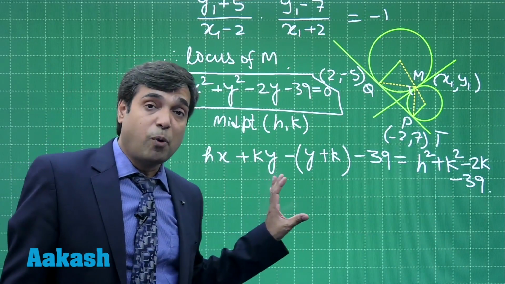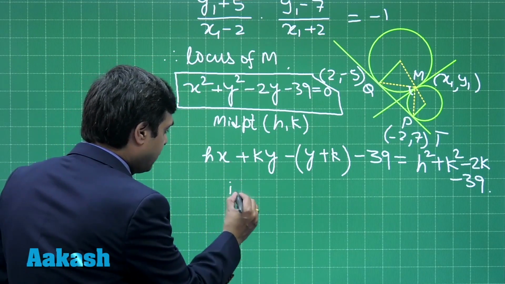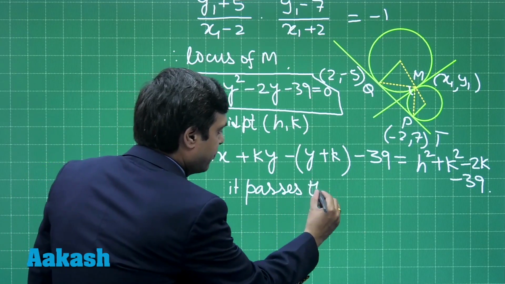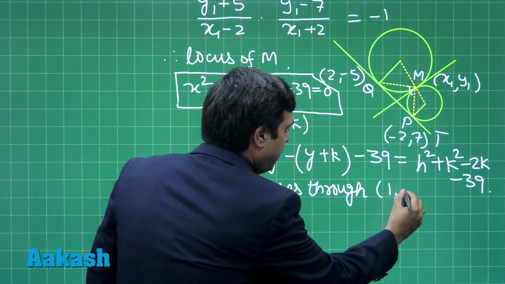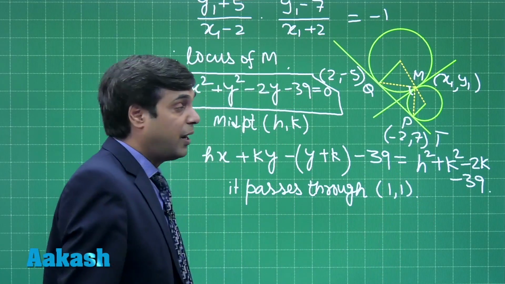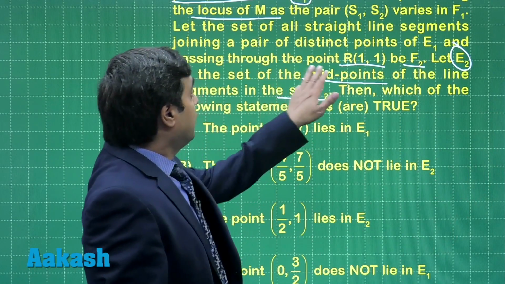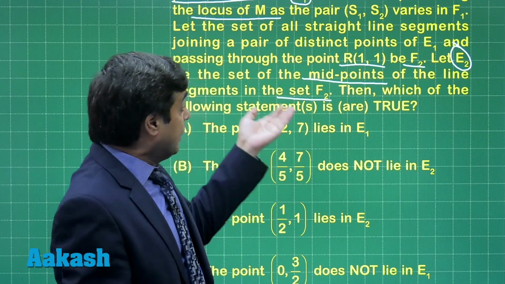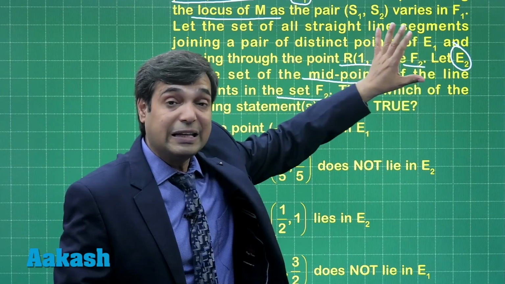It is passing through the point (1, 1), as it is mentioned in the question. It is passing through the point R (1, 1), correct. So, based on that we will get the locus for the set E2.